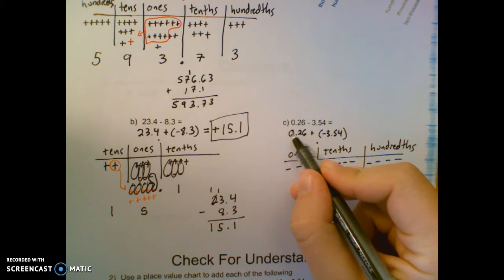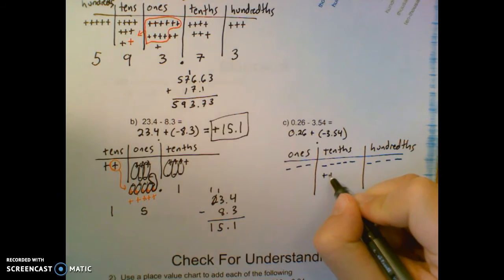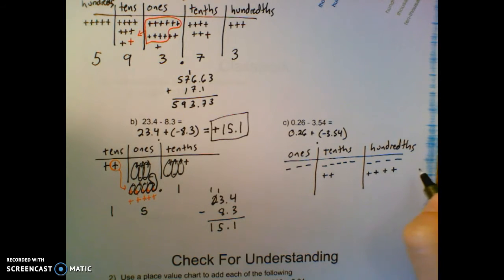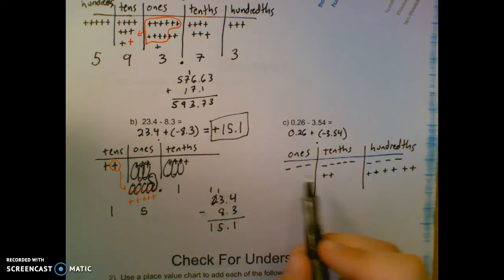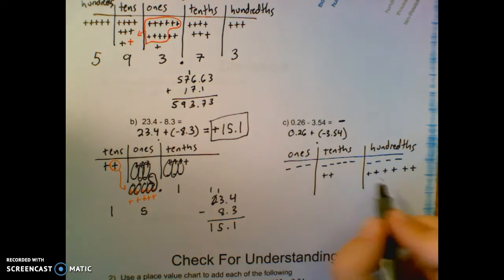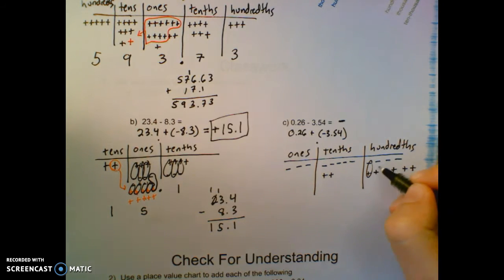There are 0 positive ones, 2 positive tenths, 6 positive hundredths. Now, because I've got more negatives than I do positives, I know my answer is going to be negative. So that means that in all of my columns, I should have negatives left over.